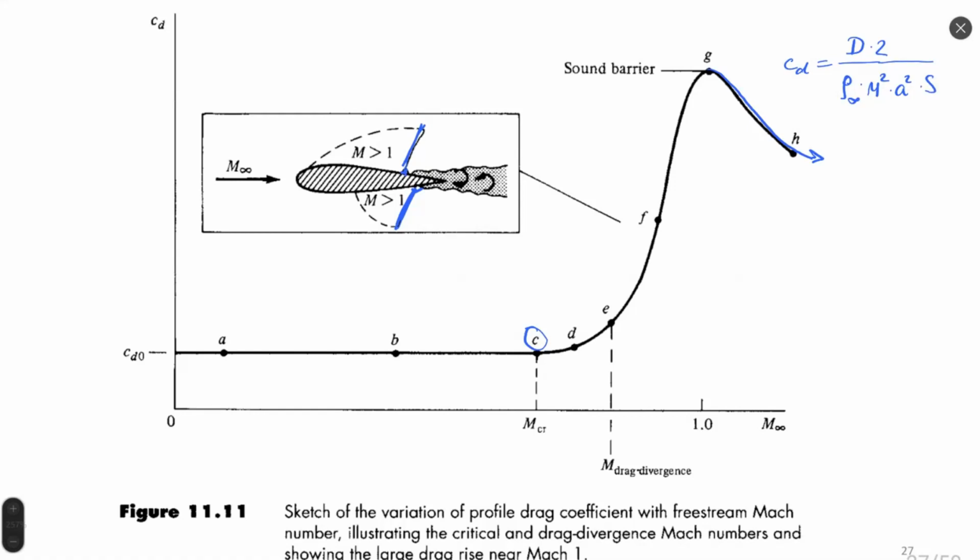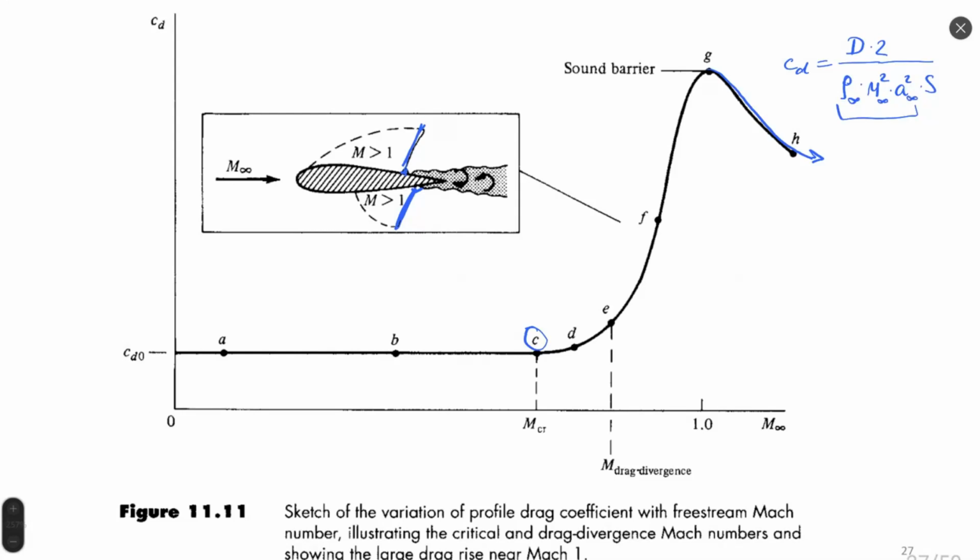This is a definition of drag with respect to Mach number, not with respect to velocity. You know that all this one divided by 2 is just dynamic pressure. And since we are plotting the coefficient versus Mach number, I wrote in terms of Mach number, M infinity also here, and a infinity.